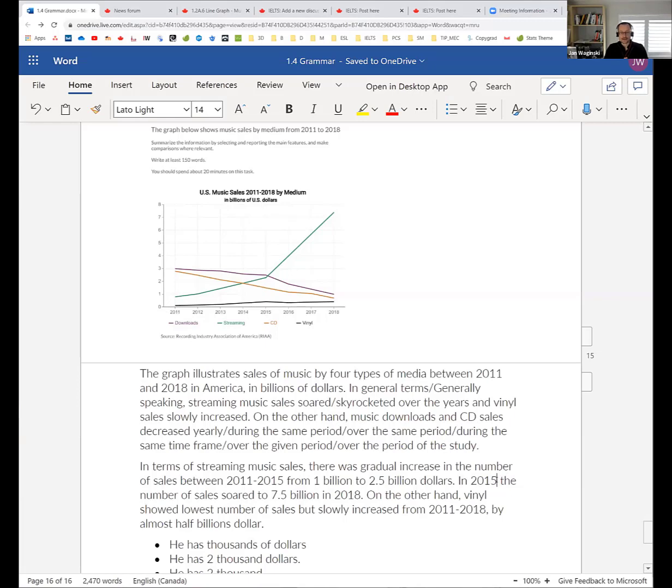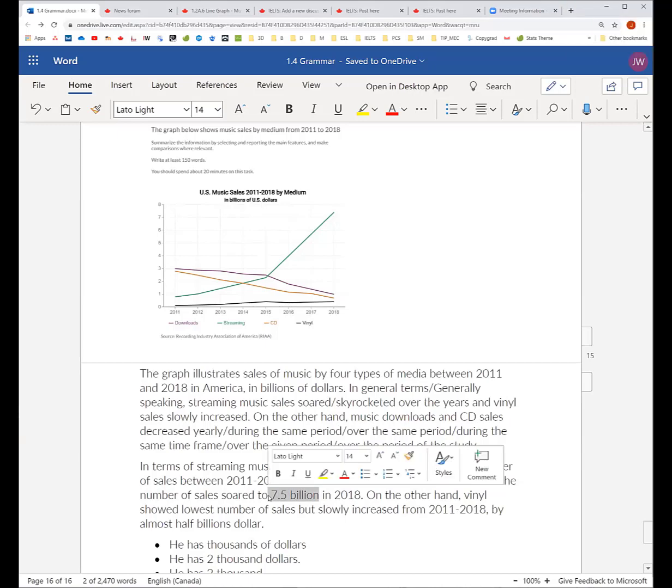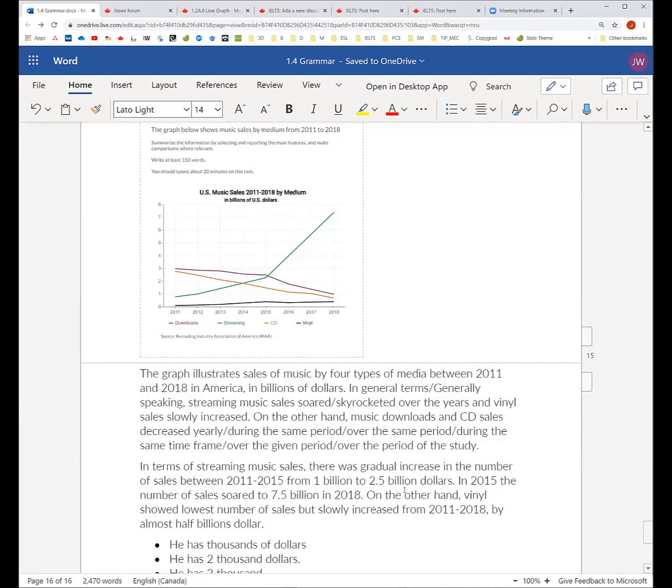When you use in, that's a point in time, right? Like in 2015. If you say in plus the year, you're referring to a specific point in time. And you've got that here. In 2015, the number of sales soared to 7.5 billion, which is not true. Because in 2015, it's at 2.5 billion. And then 7.5 billion is true in 2018.